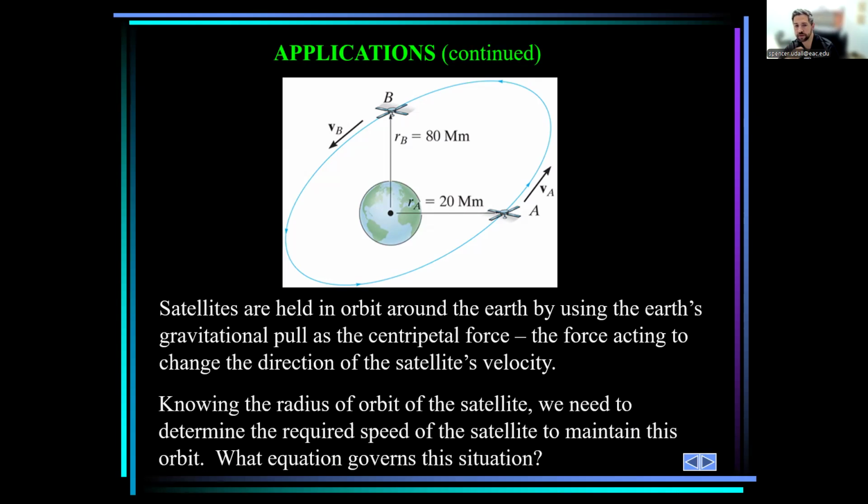If we wanted it to be a certain radius as it's orbiting, what would its speed need to be? So a lot of good applications now that we're not only finding the accelerations, but we're using that acceleration to determine what sort of force, or maybe we know what force we need, and we need to find the radius, something like that. But combining that using Newton's second law is going to allow us to do a lot more types of problems with the normal tangent coordinate system.